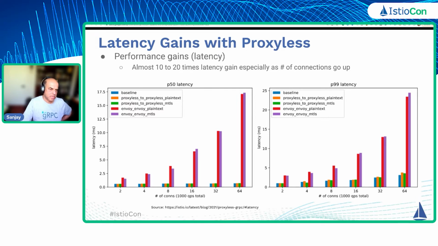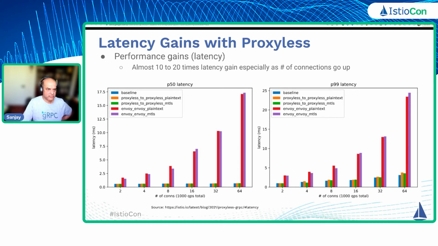This one used a GKE cluster version 1.20 with 3 nodes, each node of E2 standard 16 type. These nodes have 16 CPUs and 64 gigabyte memory each. The experiment uses the Fortio client and server apps in the application container, and each container is allocated 1.5 virtual CPU with 1000 megabyte memory allocated to it.